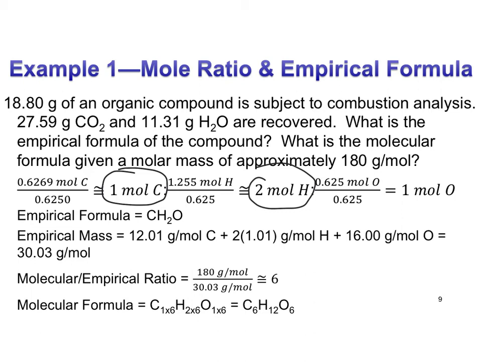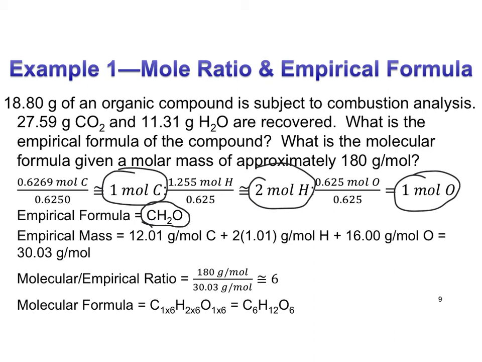For oxygen, 0.6250 divided by 0.6250 gives exactly 1 mole of oxygen. Thus, the empirical formula is CH2O.